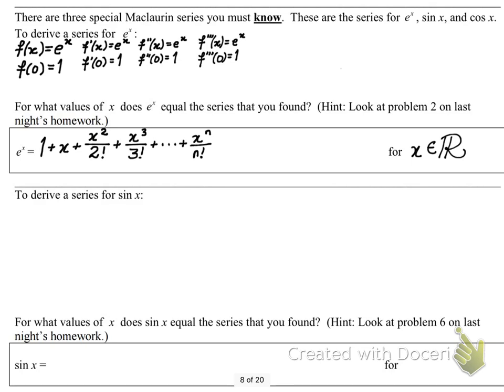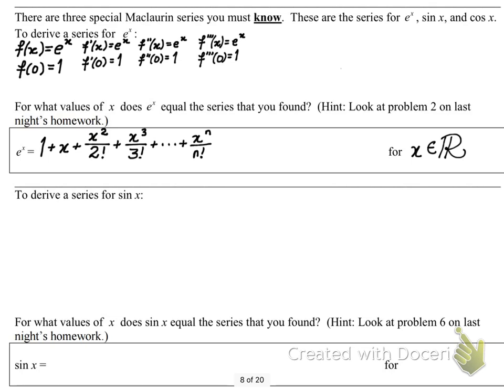We use the Taylor series formula to create it using f of x plus f prime of x times x divided by 1 factorial plus f double prime of x times x squared all over 2 factorial, etc. And that will be true for all x, an element of the real numbers. Boom.